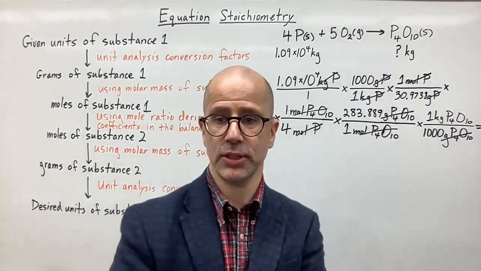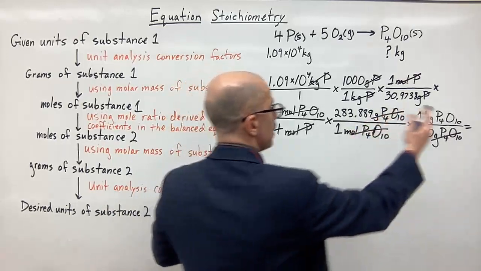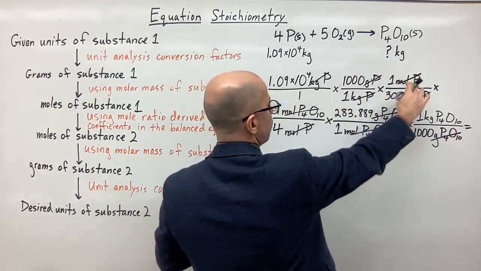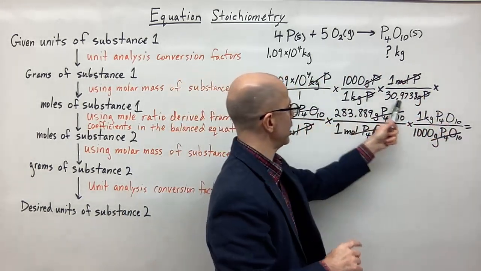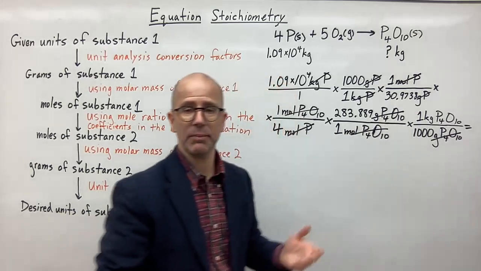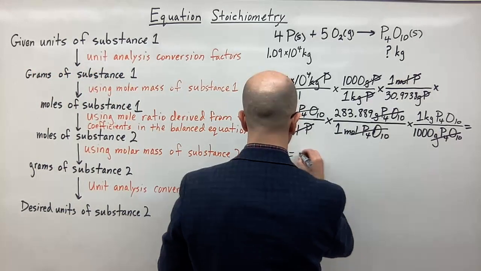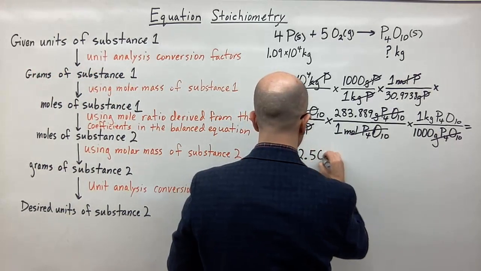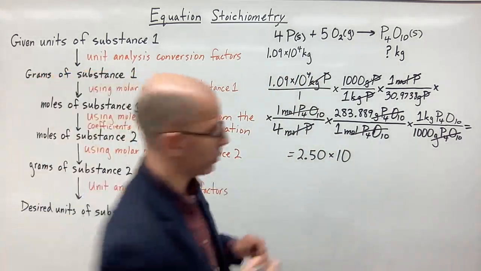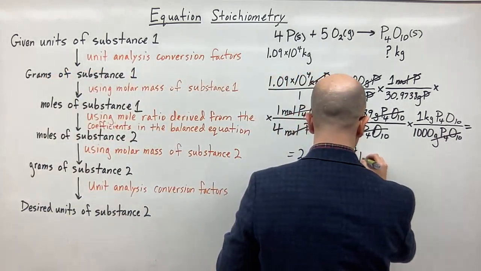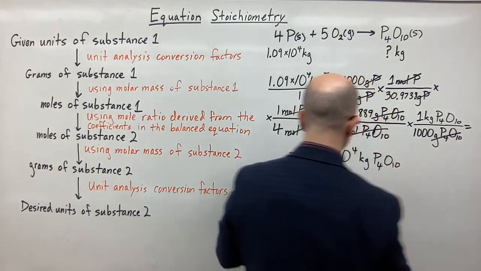So now all I need to do is multiply across by everything on the top, divide by everything on the bottom, and I get my answer. And when I do that, I get 2.50 times 10 to the 4th kilograms of the tetraphosphorus decoxide.